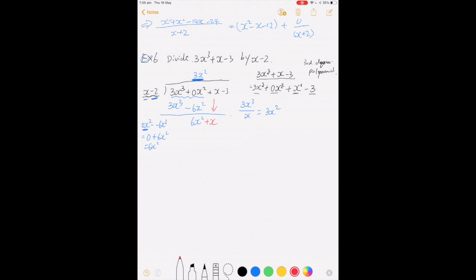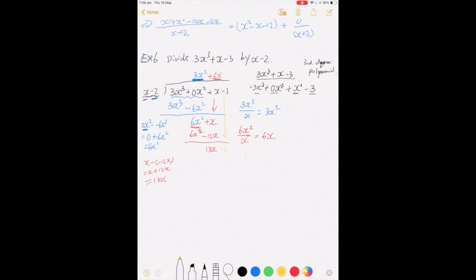The highest power term 6x squared divided by x gives 6x. So 6x times x gives 6x squared, and minus 2 times 6x gives minus 12x. Subtract: that cancels out the 6x squared, and x plus 12x gives 13x.